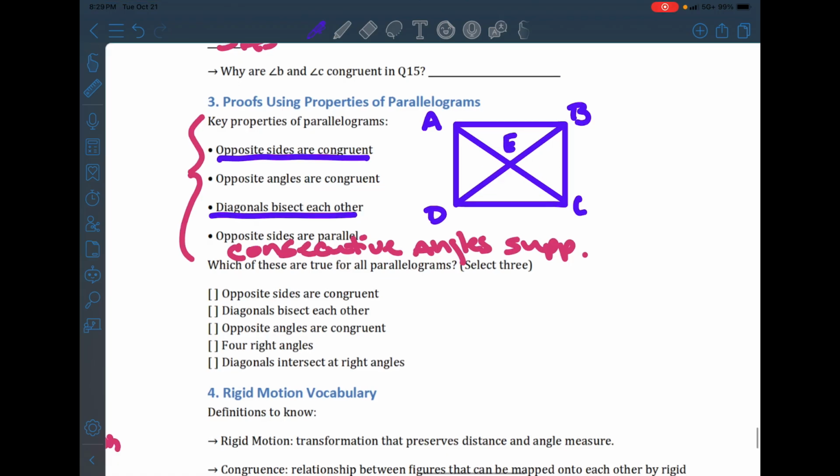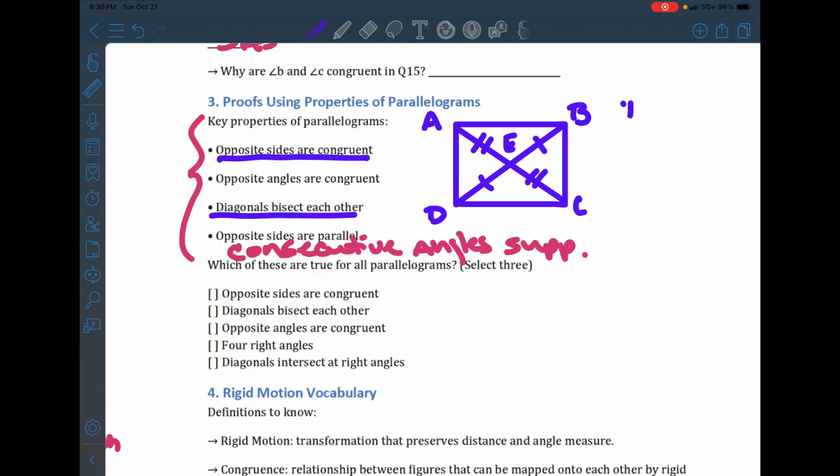That means this one is cut in half and this one is cut in half. If this is a rectangle, then AC and DB are congruent to each other, so they will all be the same.